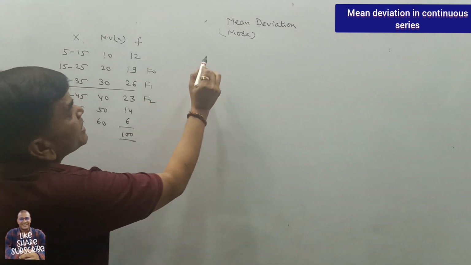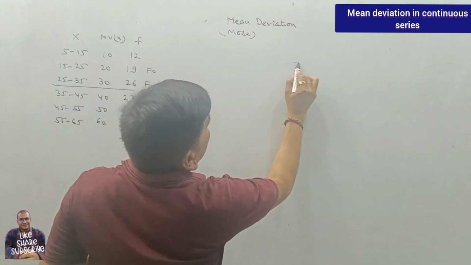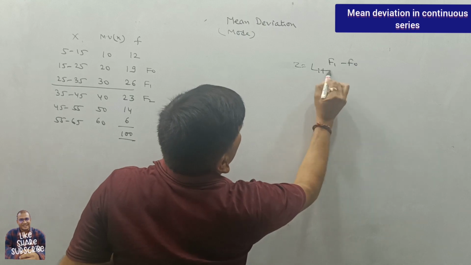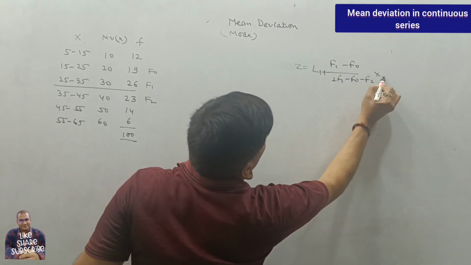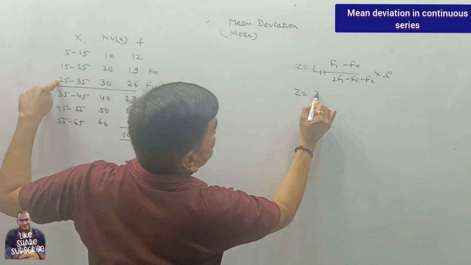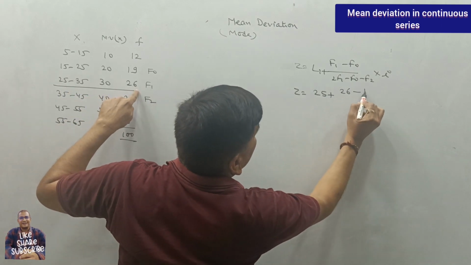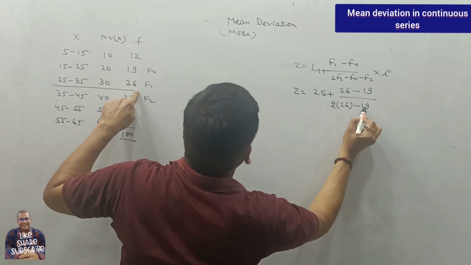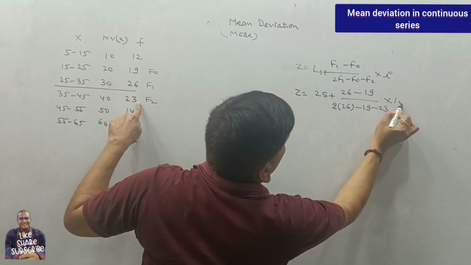So the value of z is equal to L1 plus (f1 minus f0) upon (2 f1 minus f0 minus f2) multiplied by i. The lower limit is 25, plus f1 is 26 minus f0 is 19, upon 2 multiplied by 26 minus 19 minus 23, multiplied by 10.